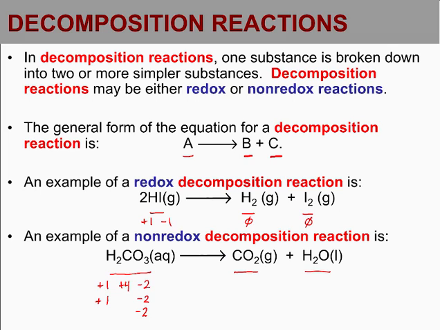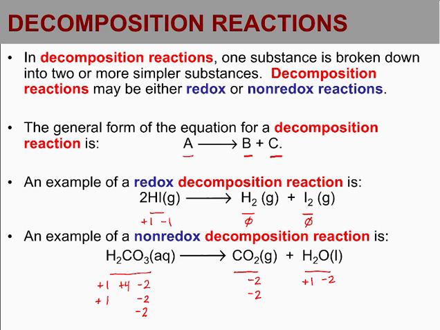And then in the products, oxygen in carbon dioxide has a -2 value, and in water it also has a -2 value. Hydrogen always has a +1 value. And in carbon dioxide we have 2 oxygens, so that's a total of -4.